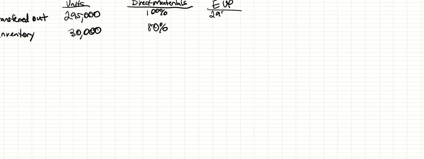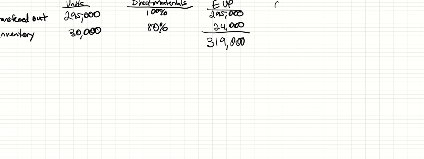That's just 295,000. And then 30,000 multiplied by 80%. So 80% of 30K, that's going to give us 24,000. Okay, so we should be sitting at 319,000 for EUP.